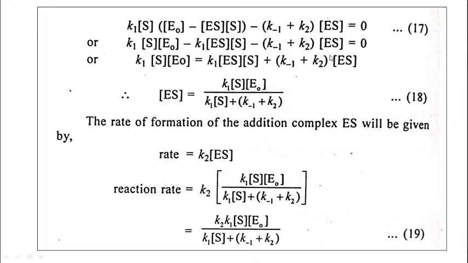ES is there, ES is here. Once again, we have to take the common ES, and this goes to this side positive. So k1 into concentration of the substrate into concentration of the E0 becomes equal to k1 into concentration of the ES plus concentration of the substrate, and this remains as it is, k minus 1 plus k2 into concentration of the ES. ES is common here.